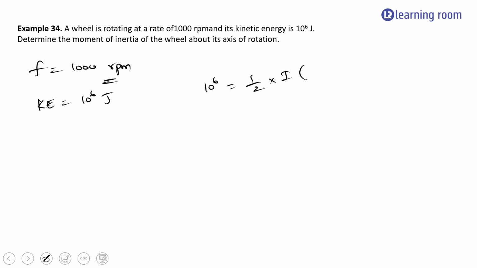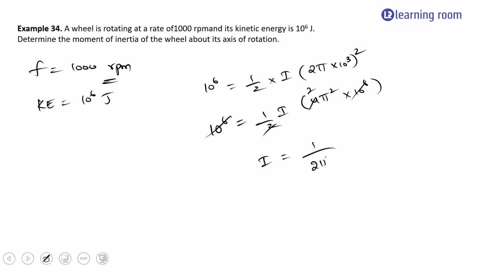Omega is 2 pi into F, square. So 10 power 6 is equal to half into I into 4 pi square into 10 power 6. So this and this get cancelled. Here will be 2. So I will be equal to 1 divided by 2 pi square.